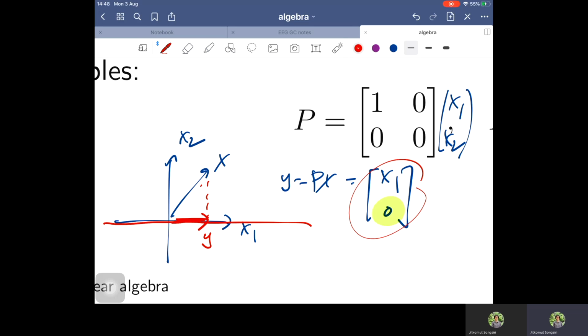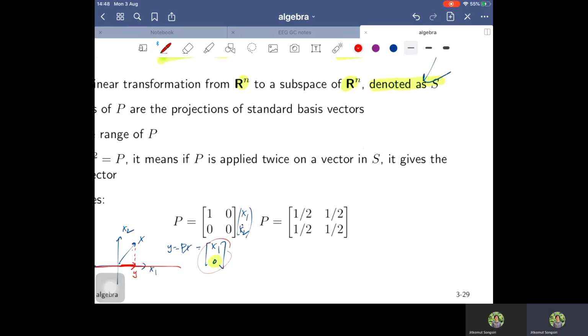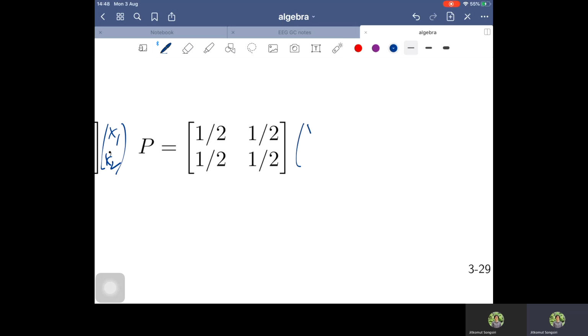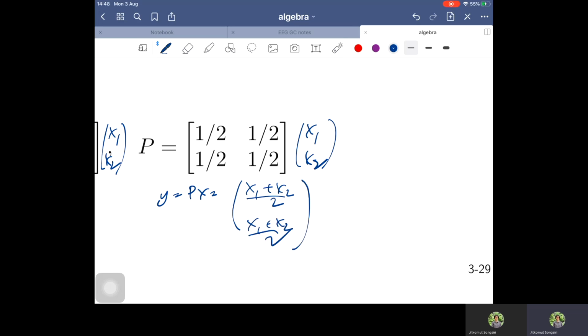This is an example. How about this matrix P? If you multiply, y equals Px is going to be x1 plus x2 divided by 2 in both entries. What do you know about this?